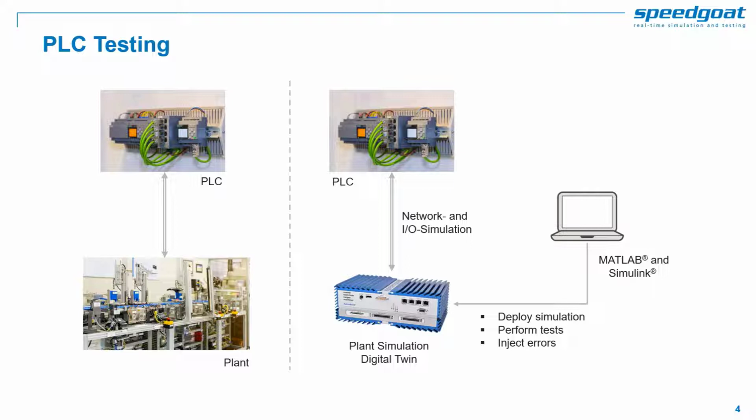Furthermore, you can interact with the real-time application directly from Simulink for the purpose of error injection, test execution, and signal monitoring. Such a setup enables you to analyze and debug your PLC code and further optimize control algorithms.